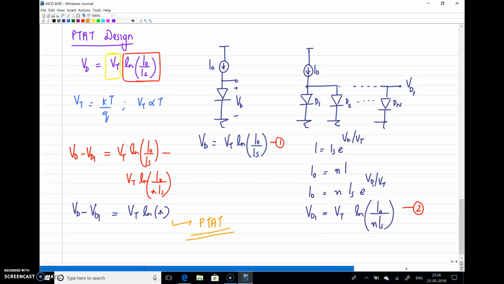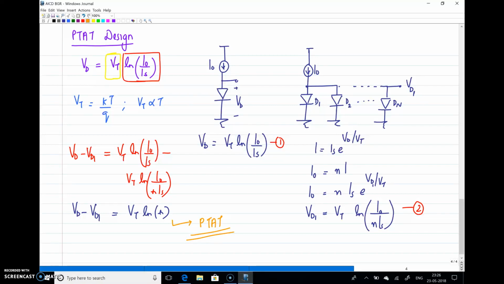So from a single diode circuit you got CTAT. Now if I can get Vd minus Vd1, this PTAT is possible. PTAT is possible from Vt, which is the thermal voltage, proportional to absolute temperature, and that can be derived from the difference between Vd and Vd1. So that will definitely give you a PTAT design.